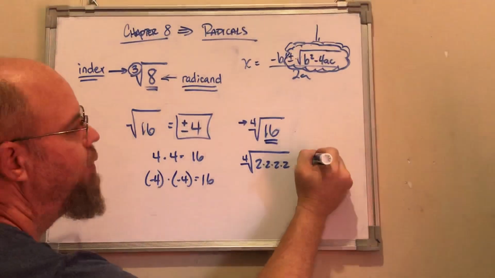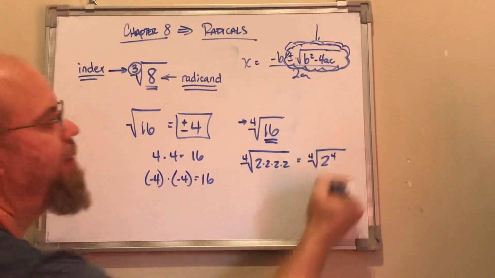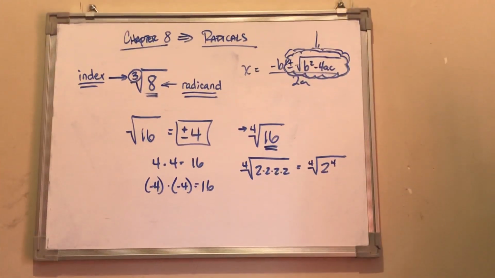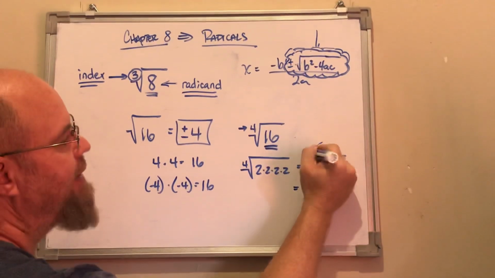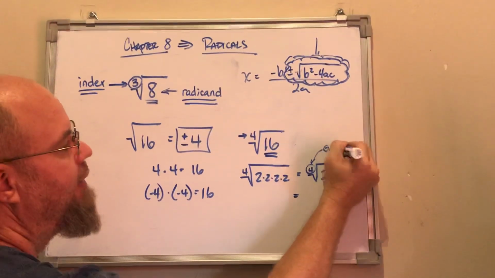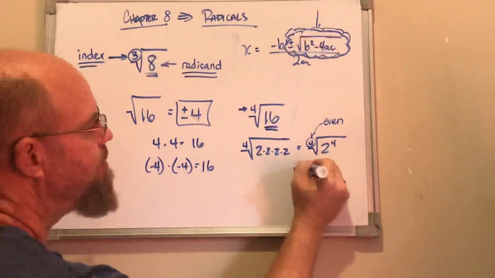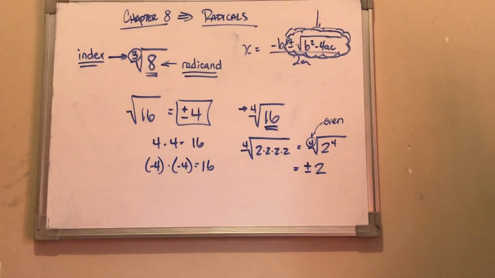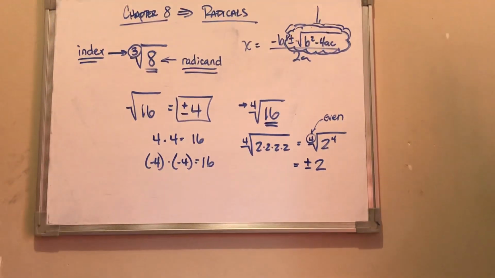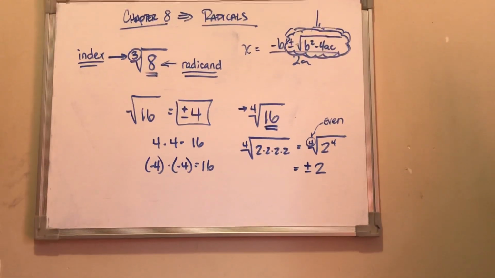So that would be the 4th root of 2 to the 4th power. So the answer is plus or minus 2. This is even, and anytime it's even, it's going to be plus or minus the answer. Okay? Hopefully you guys understand that.